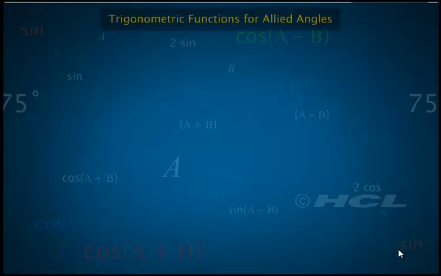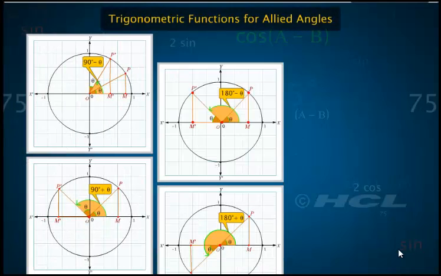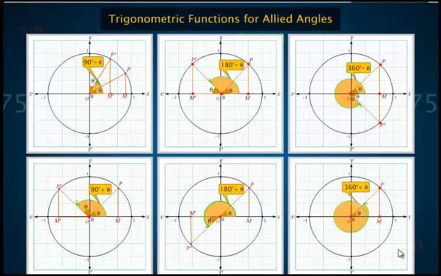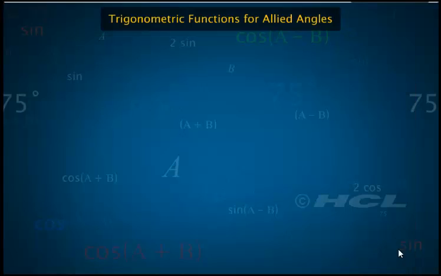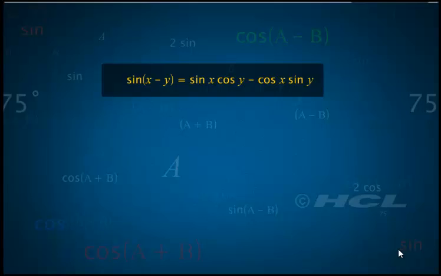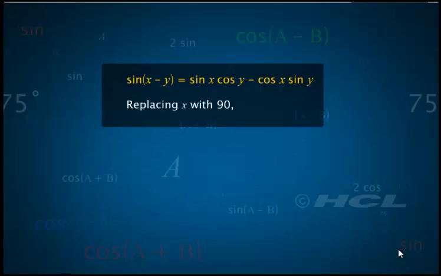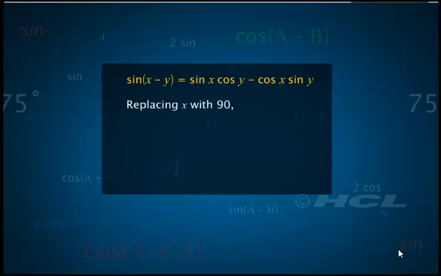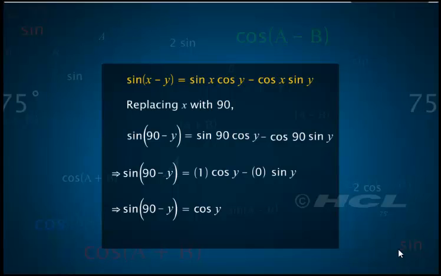We have previously discussed the trigonometric functions for allied angles using the unit circle on the coordinate plane. We can also deduce these relations using the sum and difference formulae. Let's see how. Replacing x with 90 in the difference formula of the sine function, we obtain the equation sin 90 minus y equals cos y.